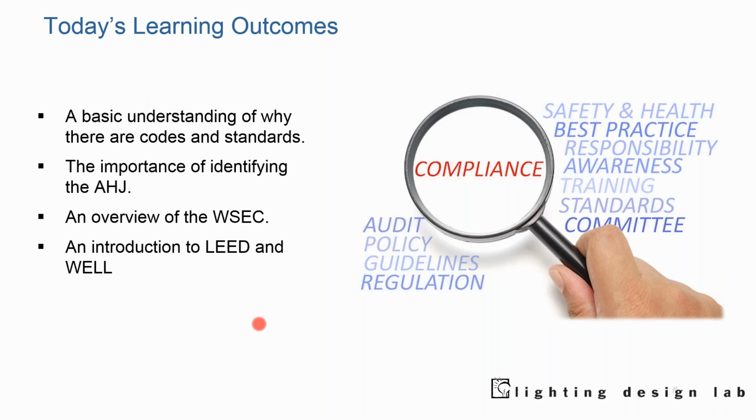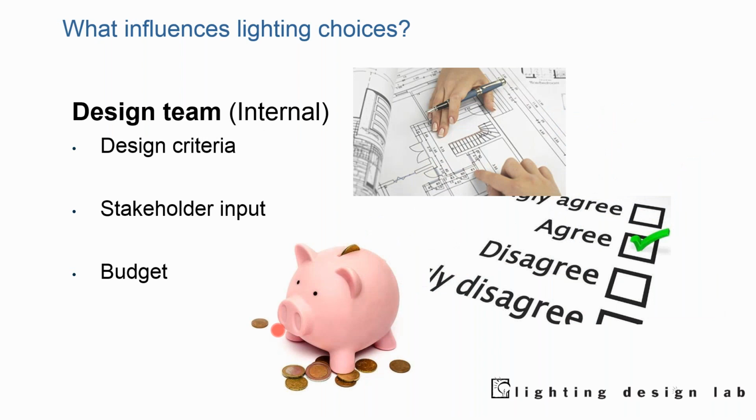We want to look at the importance of identifying the authority having jurisdiction. We want to do an overview of the Washington State Energy Code, and we're going to look at some topics like LEED and the WELL building guidelines. I also want to tie all of this back to lighting.